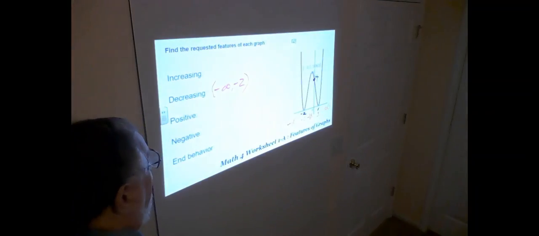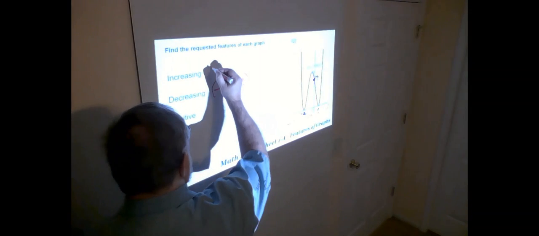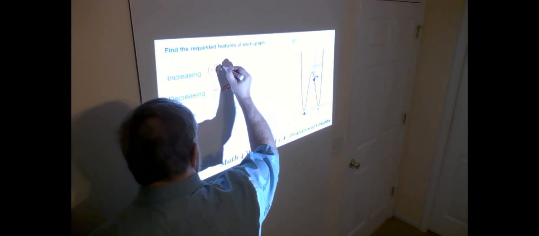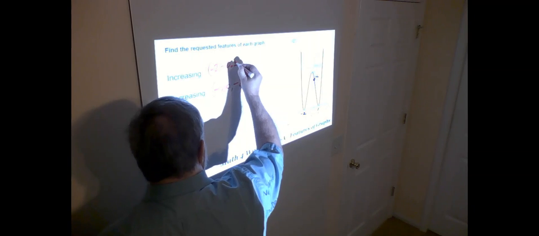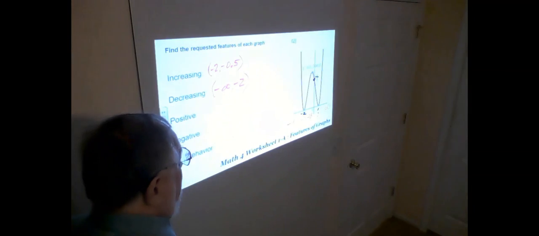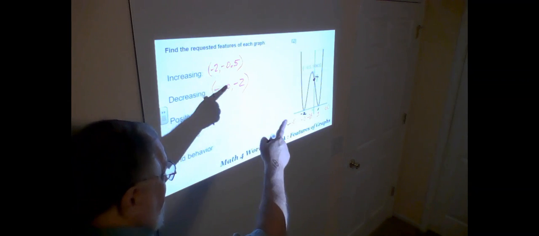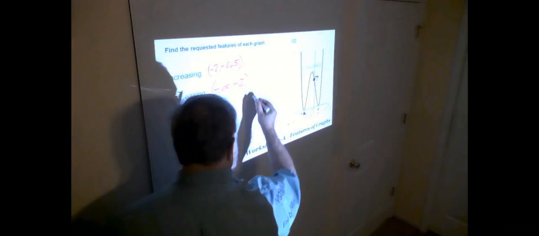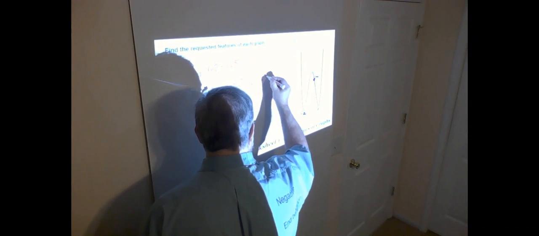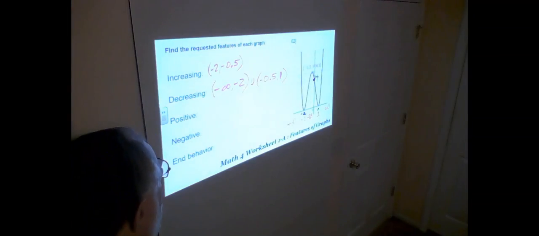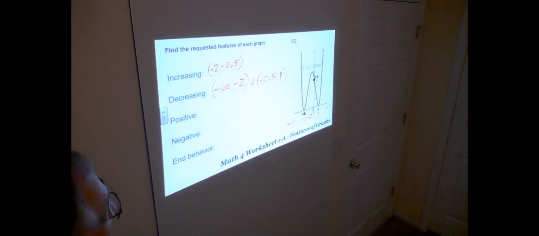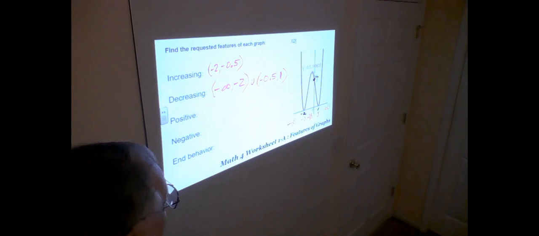All right, increasing from -2 to -0.5, it is increasing. And then from -0.5 back down to 1, it is decreasing again. And then we are increasing at the very end from 1 onto infinity.